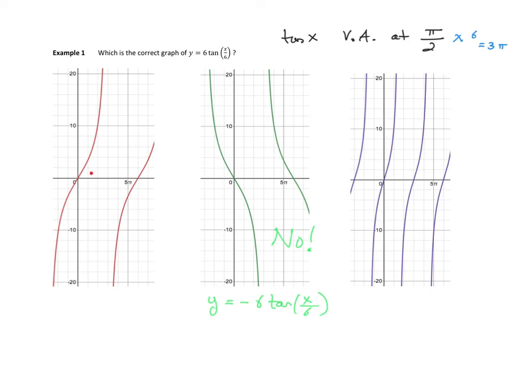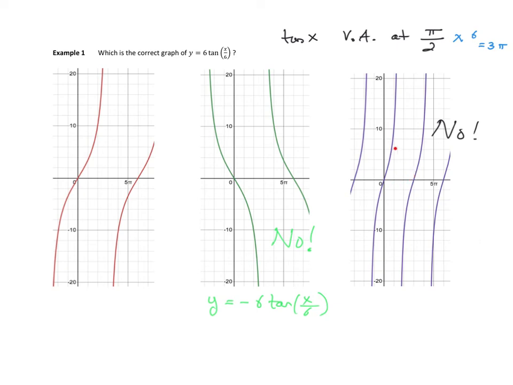So between this graph and this graph, well, if this is 5 pi, that's 1, 2. So here's 3 pi. There is definitely no vertical asymptote here on this graph at 3 pi. So I'm going to say for this one, no, this one's no good. I can't really tell. Maybe the vertical asymptote is here at 2 pi or something like that.